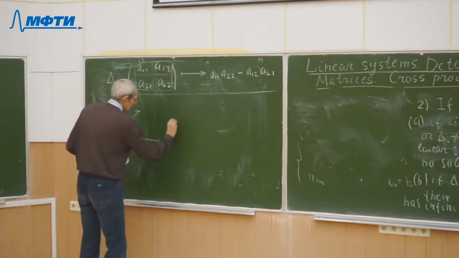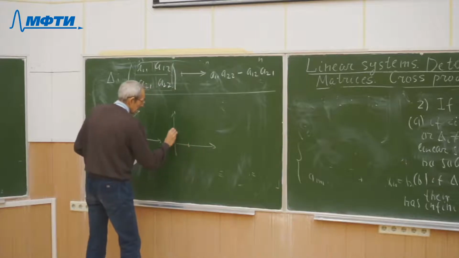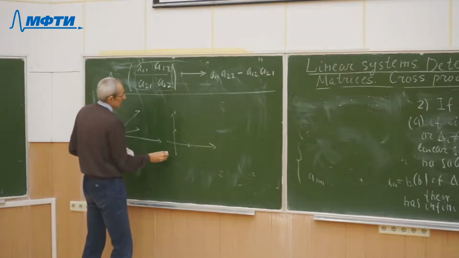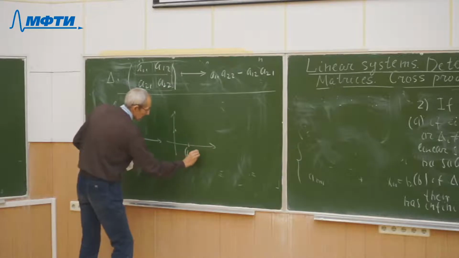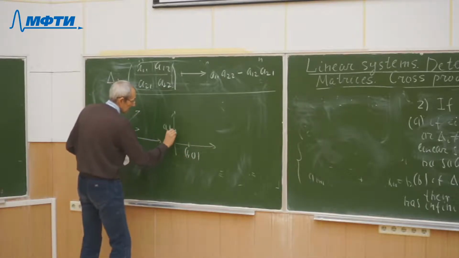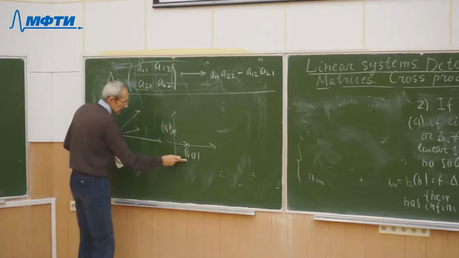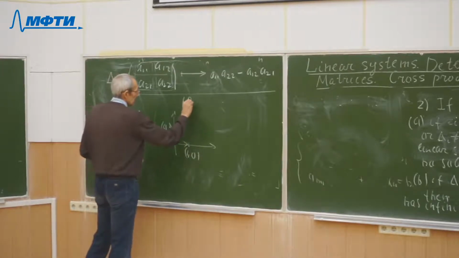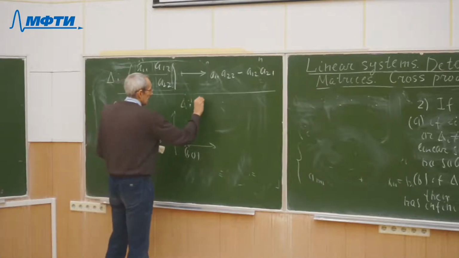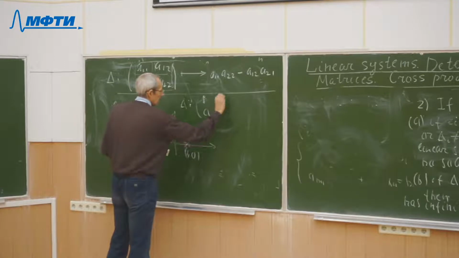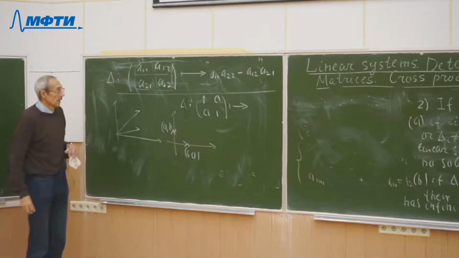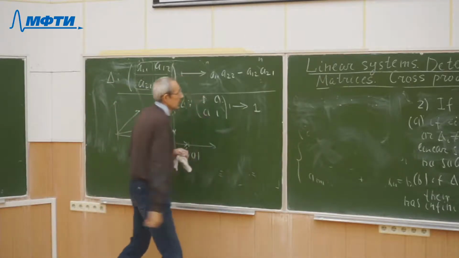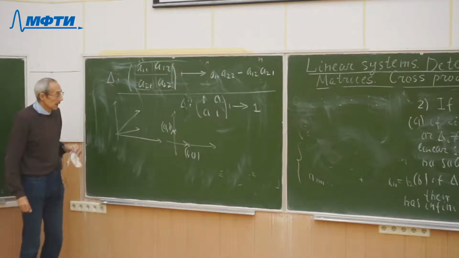It is easy to see, in the simplest case, when the first vector has coordinates 1, 0 and the second vector has coordinates 0, 1, our correspondence delta corresponds to this pair of vectors the number which is equal to 1.